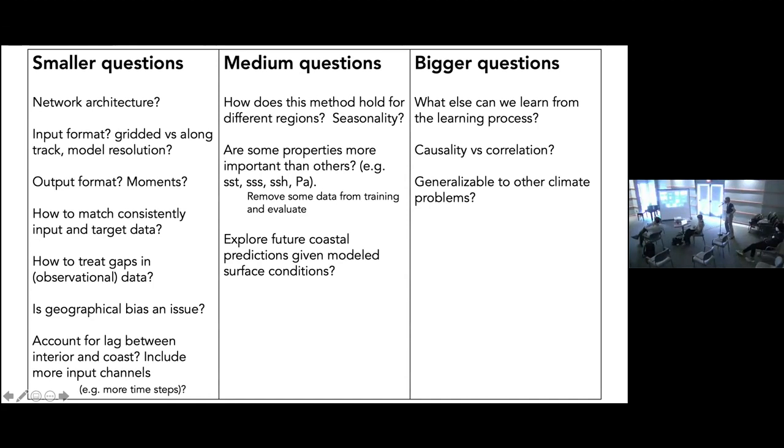I thought, is this on? Yeah. Hey. I thought I'd just follow up with a question, in terms of your questions. When you say what else can we learn from the learning process, do you have anything specific in mind when you think about that?